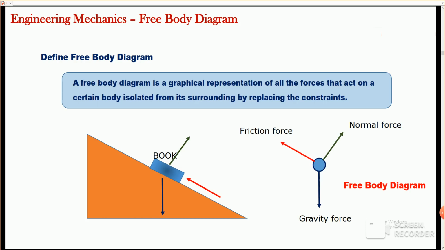The third force is a frictional force, which opposes the motion of the boat along the surface. Instead of drawing the complete inclined plane, we only represent these forces acting on the isolated object. This simplified representation is called the free body diagram.